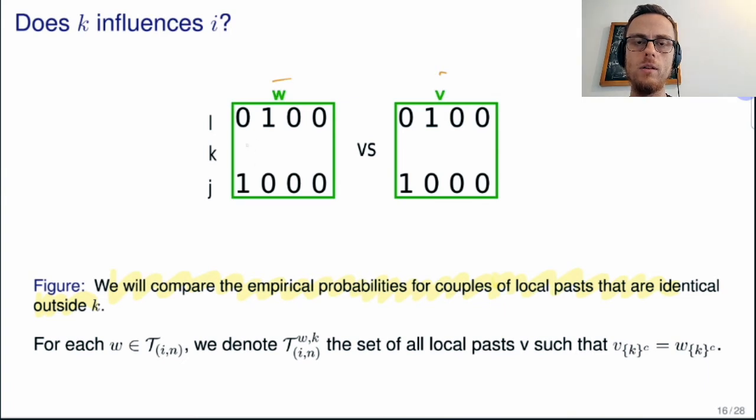They could be different, they could be equal. Okay? In the following, for each local past w in the set T_n^i, we denote T(w,k,i,n) the set of all local pasts v which are identical to w outside k, and we indicate this fact with this notation.